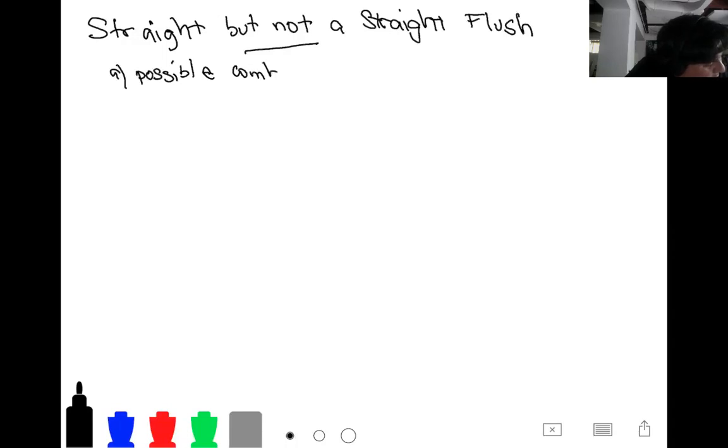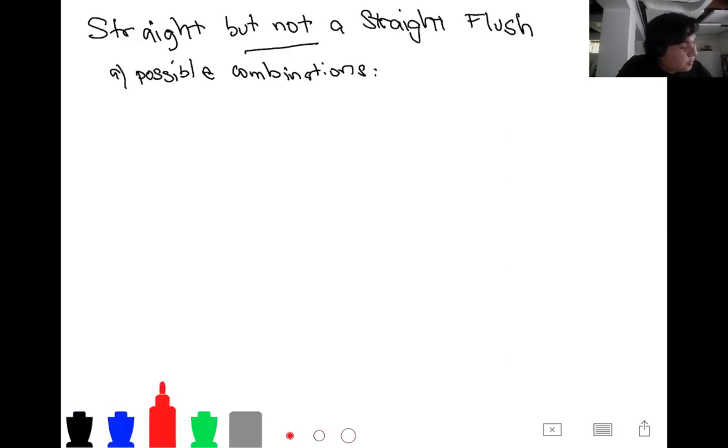The smallest straight that we can have should begin with an A, and then it should end with a 5. That is the lowest possible straight we can come up with, because the lowest value is an A, and the highest value is a 5.